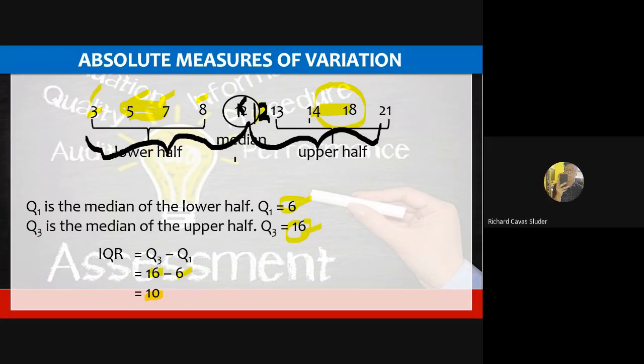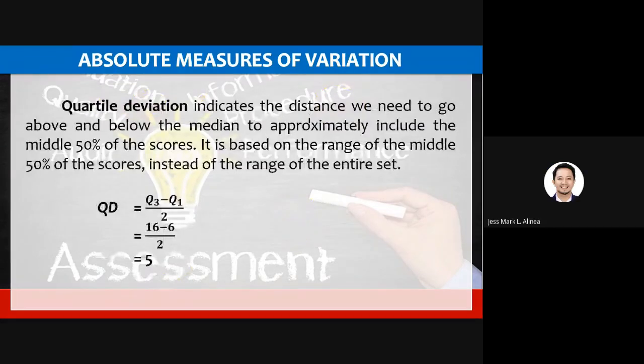Yes, sir. Okay, good. Let's go to quartile deviation. Ang quartile deviation ay tinatawag din natin na semi-interquartile range, simply because the value of the IQR is divided by 2. So quartile deviation indicates distance we need to go above and below the median to approximately include the middle 50% of the scores.